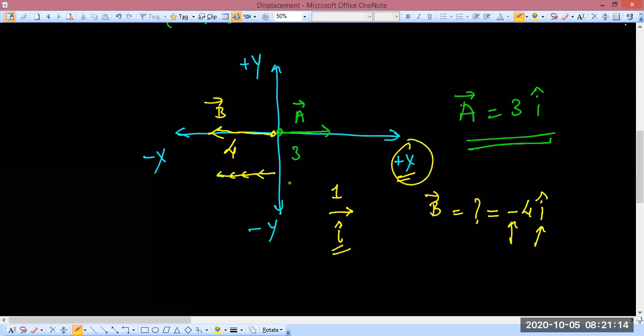I hope you understand what I'm saying, right? So this is minus i caret, this is minus i caret, this is minus i caret, and this is minus i caret. So total minus 4 i caret. Again, the minus sign is indicating the opposite direction.